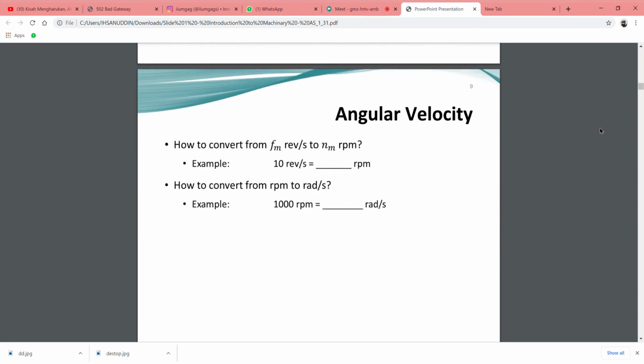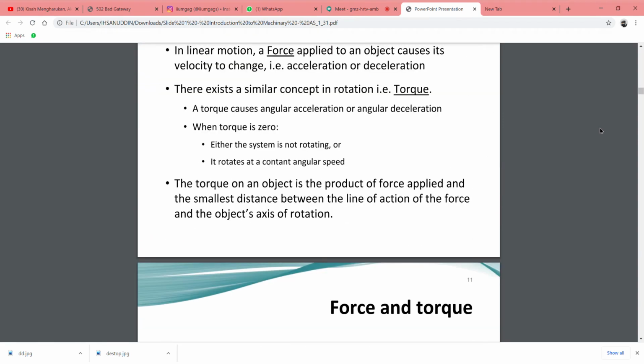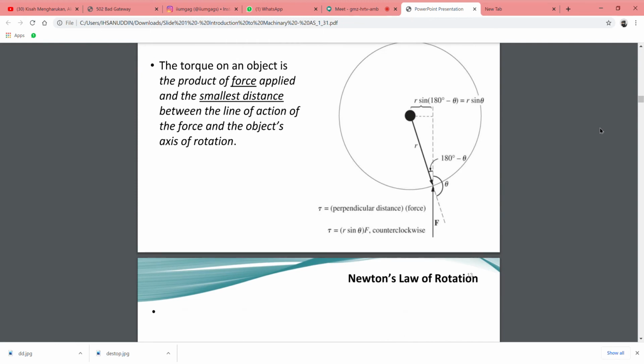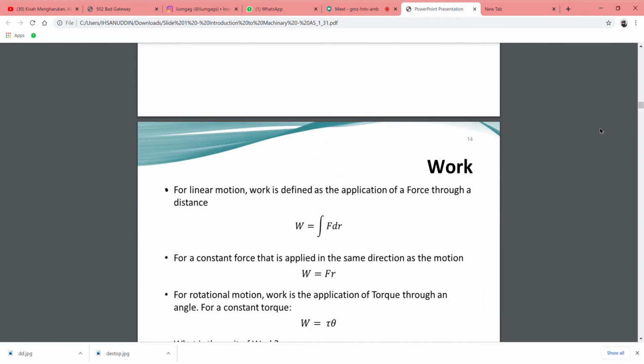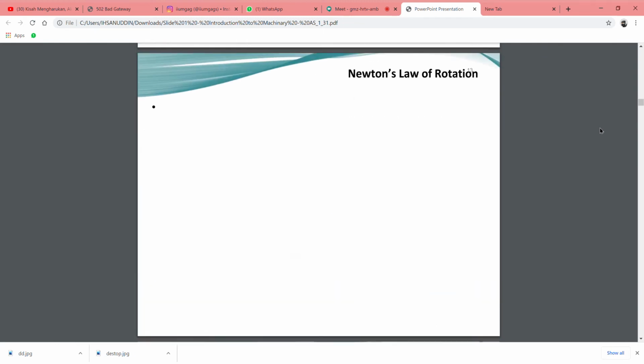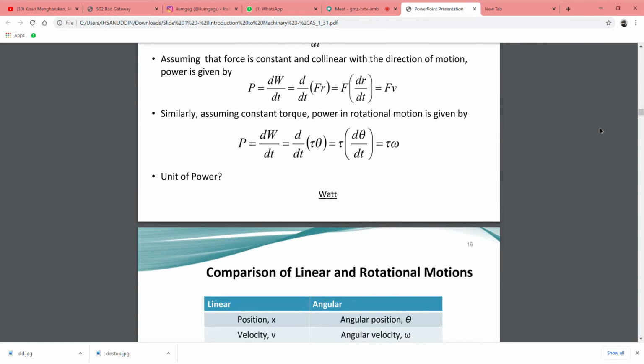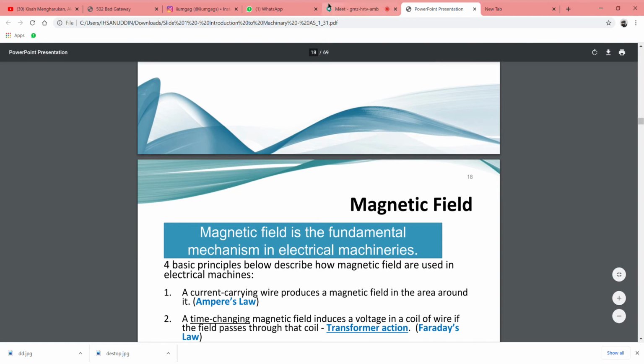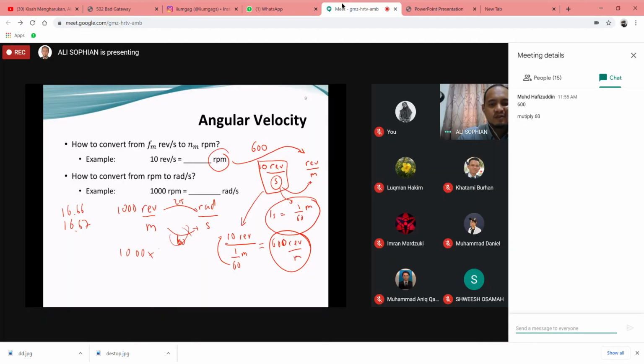And a minute is 60 seconds. But because minute is the denominator, at the bottom, effectively we are going to divide by 60. So 1000 times 2 pi over 60.